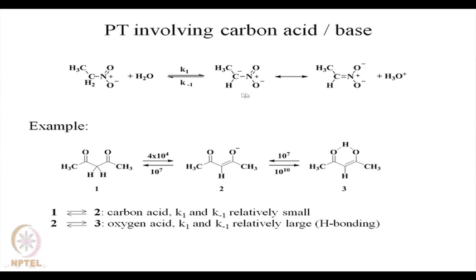So, effectively there is a C minus, now it is converted to an O minus. Okay. So, initially it was a carbon acid, now maybe it is converted to an oxygen acid.